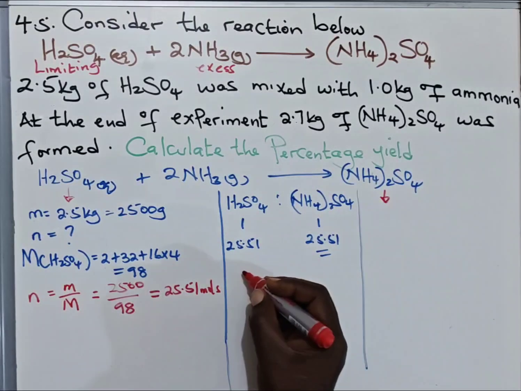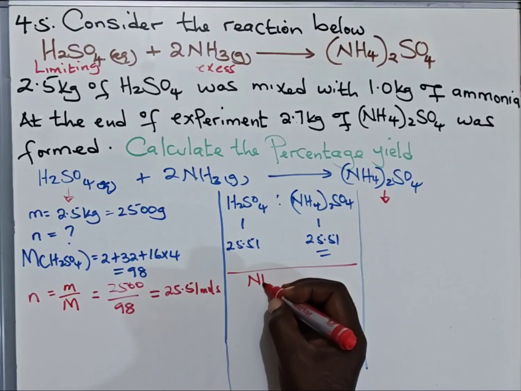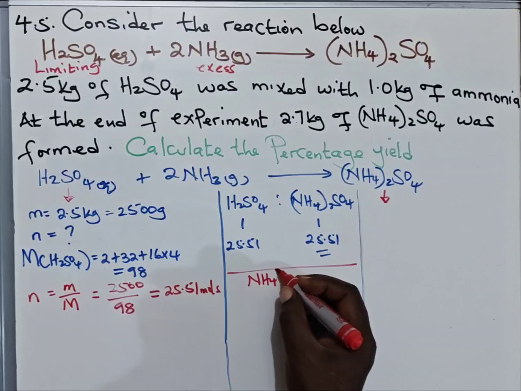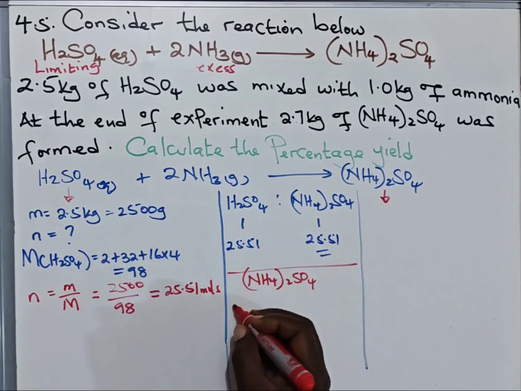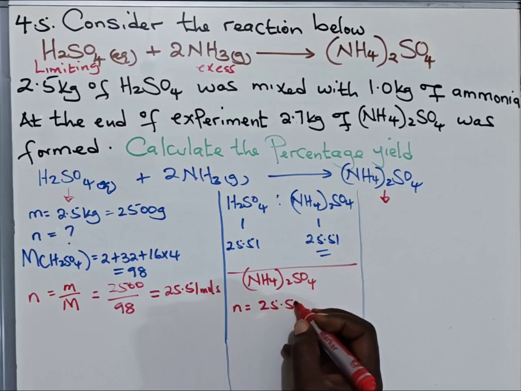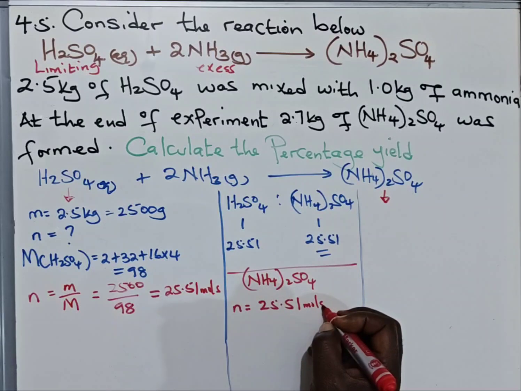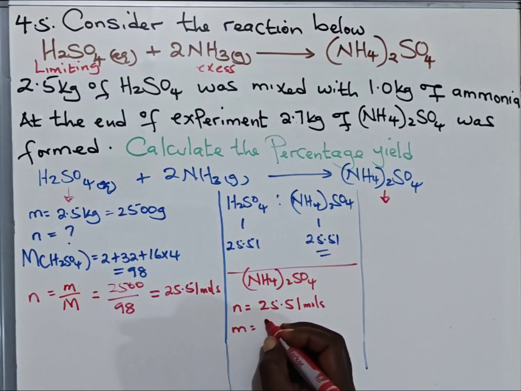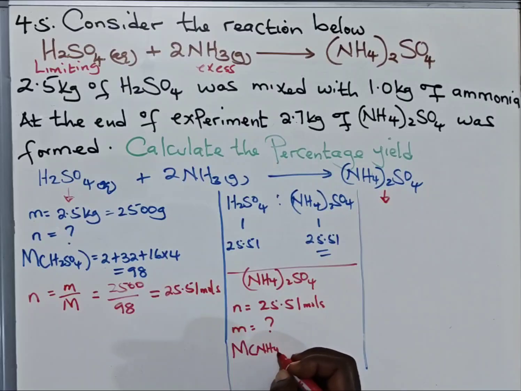So the next step is to list everything we know about our yield. Remember, the product is ammonium sulfate. Now we know the number of moles of it: it is 25.51 moles, and we want the mass. So we are going to need the molar mass of ammonium sulfate.